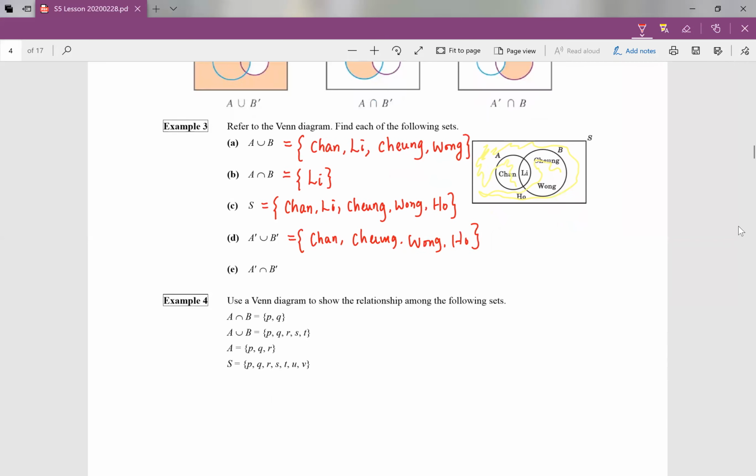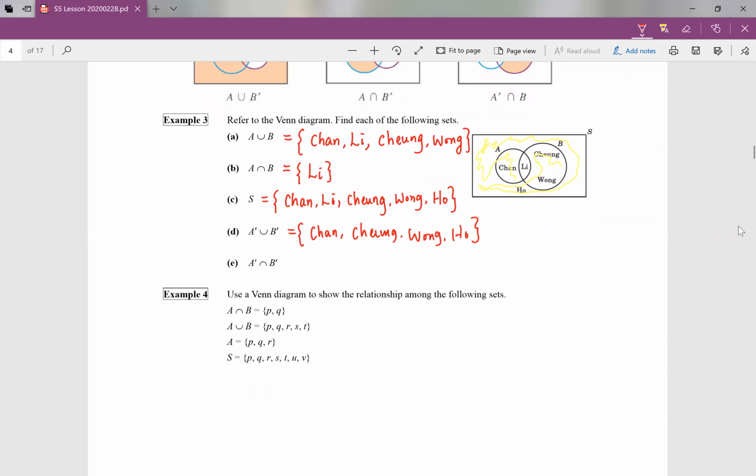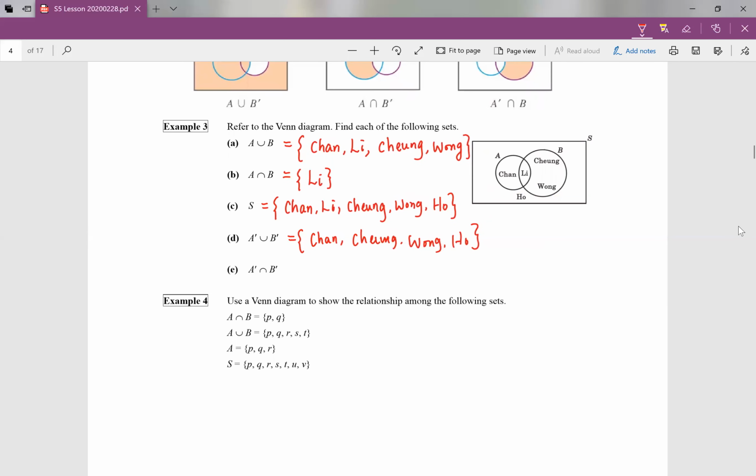Lastly, A prime intersect B prime. A prime, that's this part, intersect B prime.